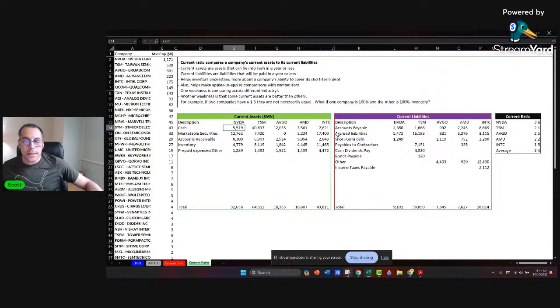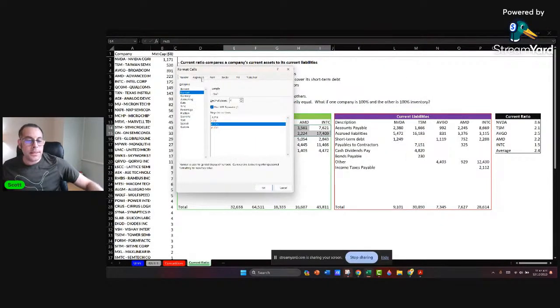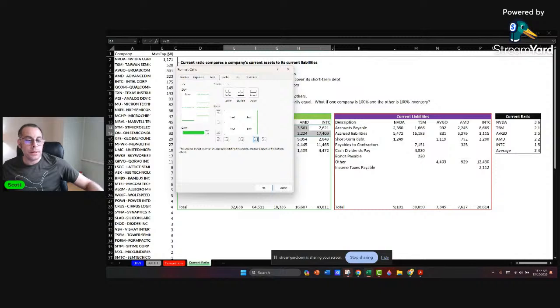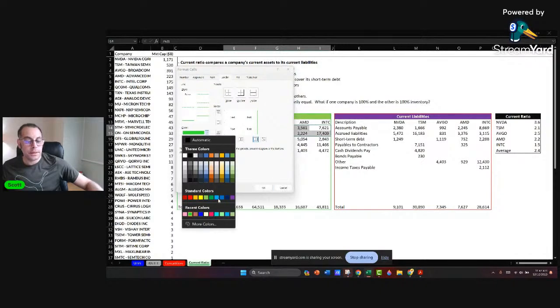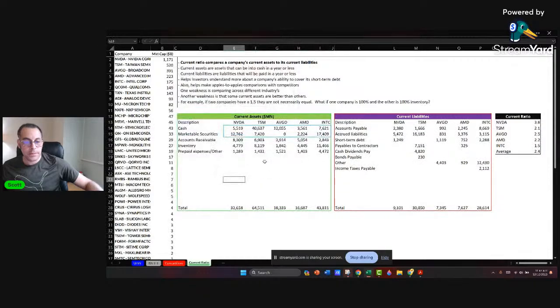If you want to be really stringent, you could say, if I just looked at the top 2 numbers, is that enough to cover the current liabilities? Nvidia has more than enough in the top 2.